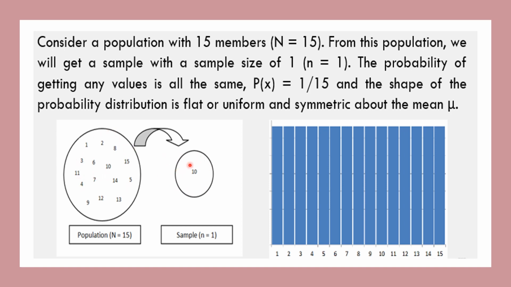If your answer is 1 over 15, you are correct. And therefore, when we graph it, the shape of the probability distribution is flat or uniform and symmetric about the mean. Ibig sabihin, all 15 members have an equal chance of being chosen. That's why the probability is 1 over 15.